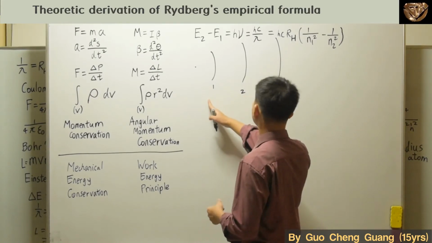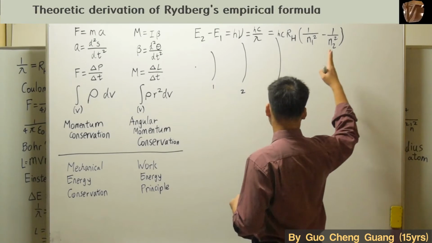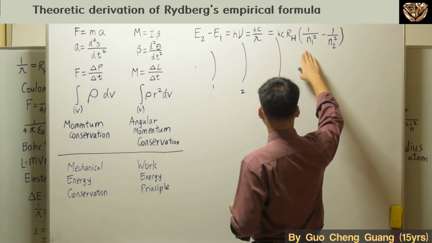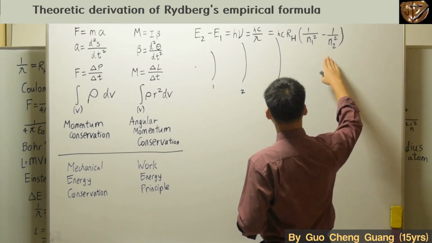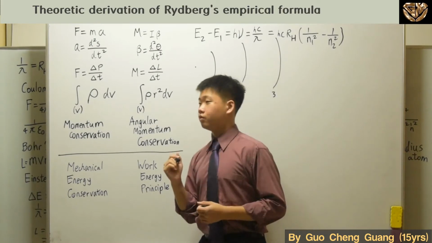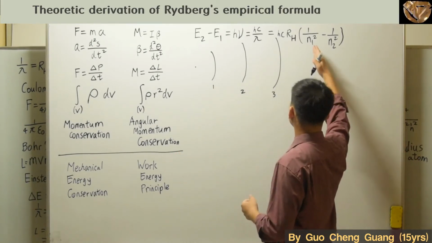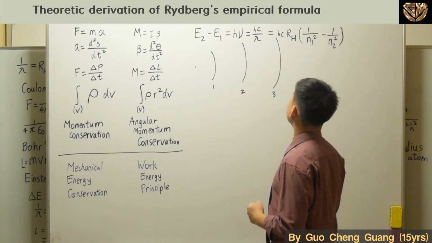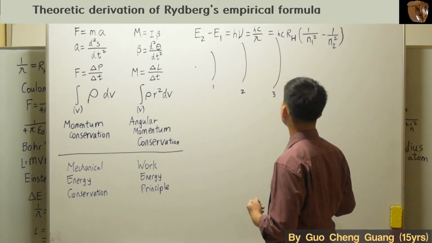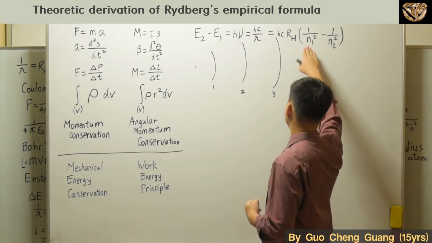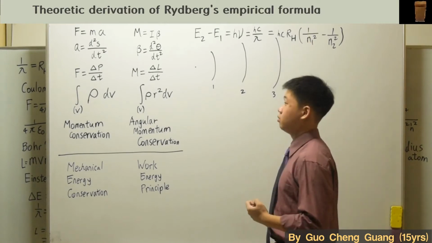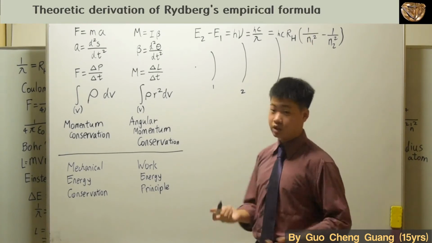Now, on the first one, if you realize, since you have to have this part as positive, that means the denominator of the first fraction has to be smaller than the denominator of the second fraction.